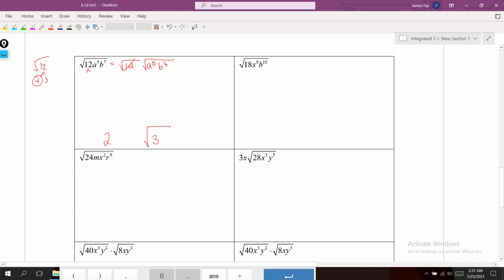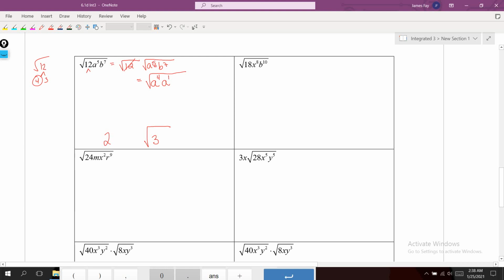Okay. Now we said in the algebraic part, every odd base needs to be rewritten as a base raised to an even power times a base raised to the first power. And basically what you're going to do, no matter what the number is, if it's 5, you're going to have one less than that.